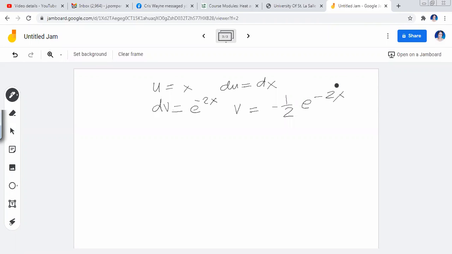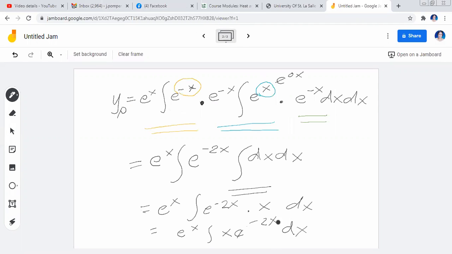So if we will use integration by parts on our second term, the second and the last integral that we will follow, the result would be this. So you have this as your multiplier.